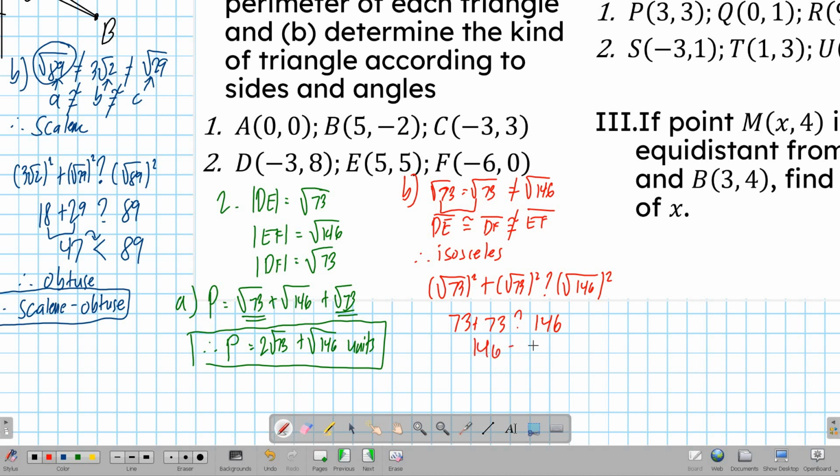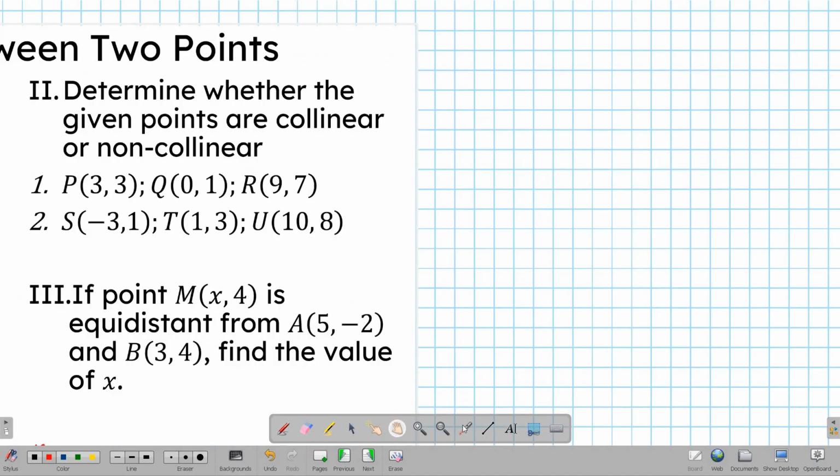That's 146, which is equal to 146. Therefore, the triangle is said to be a right triangle, which means the triangle, in conclusion, is an isosceles right triangle.